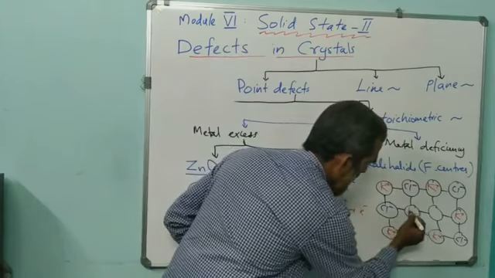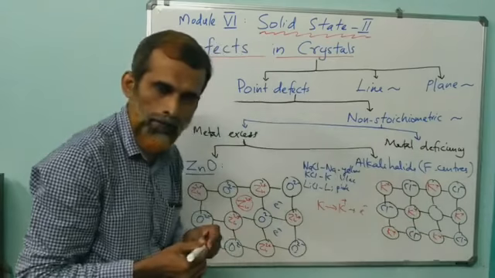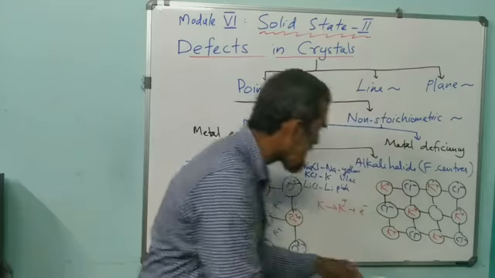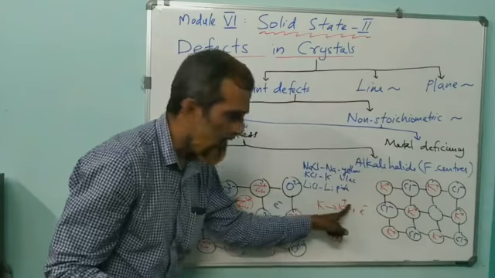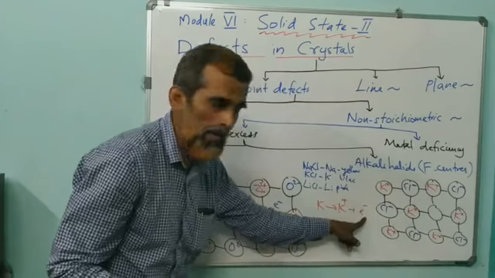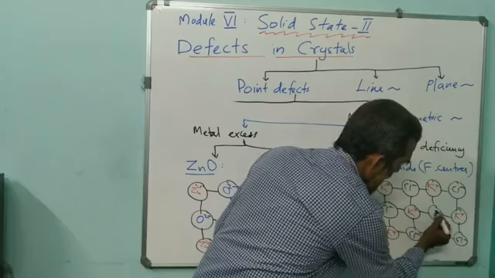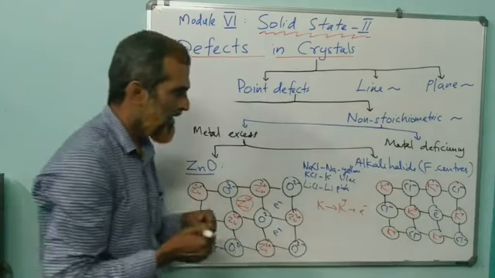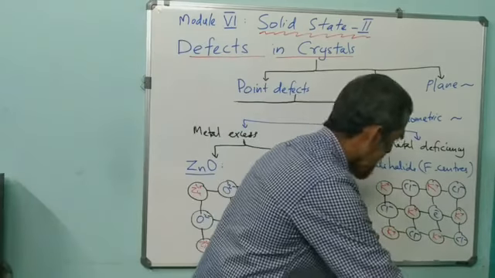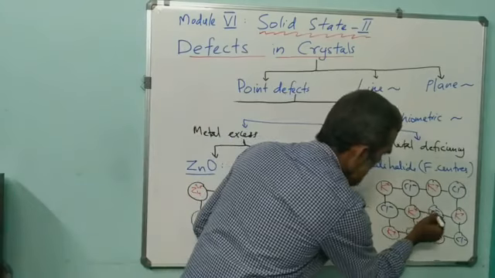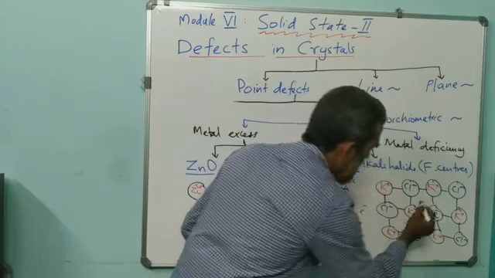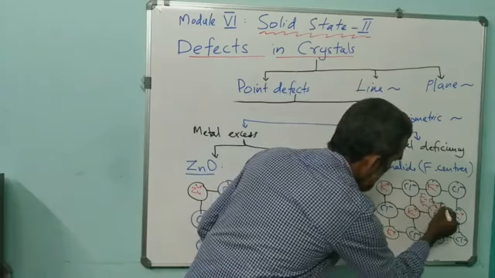So this K+ will enter here. And for electrical neutrality, the removed electron will come and occupy the anion vacancy. This trapped electron is called an F center.